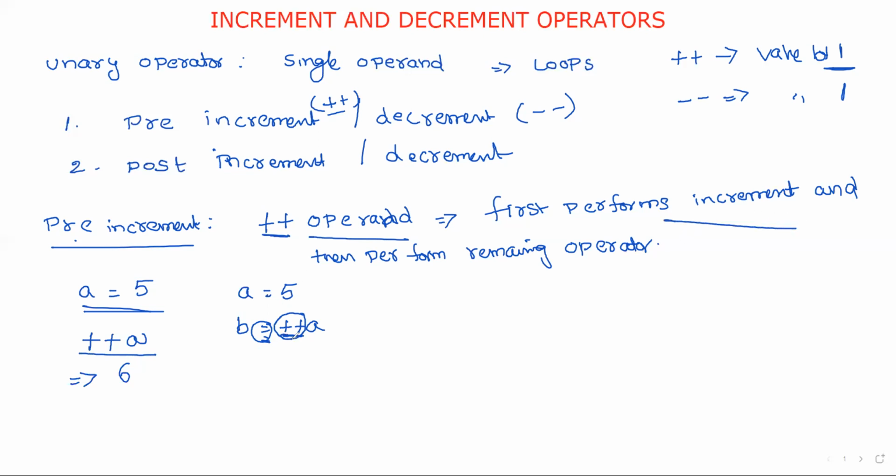That means first the value of A is incremented, so A becomes 6. And then it performs the remaining operation, which is assignment. The value of updated A is assigned to B. That means B is equal to 6. You got it? This is the pre-increment.